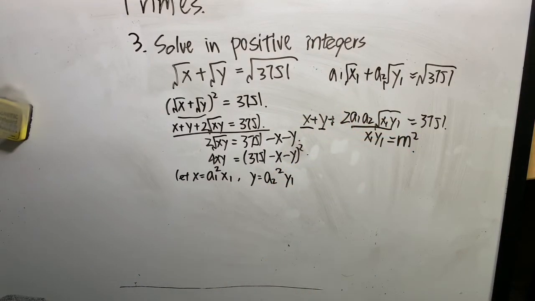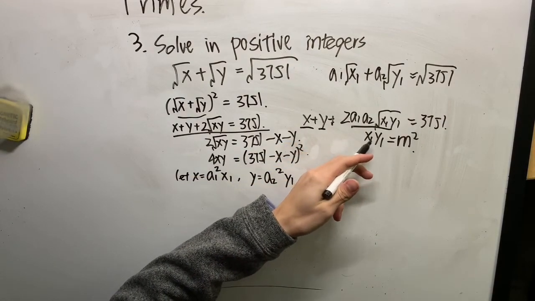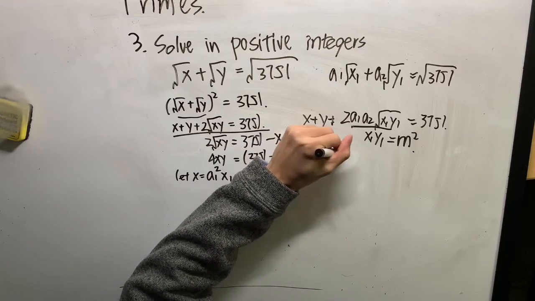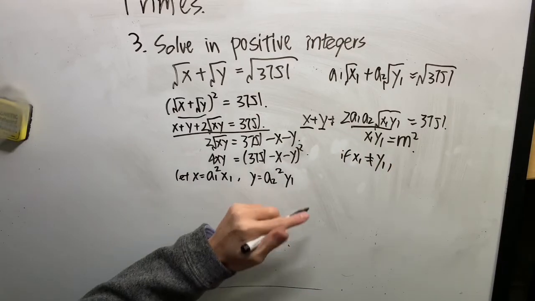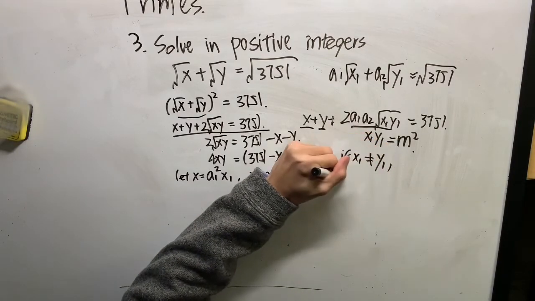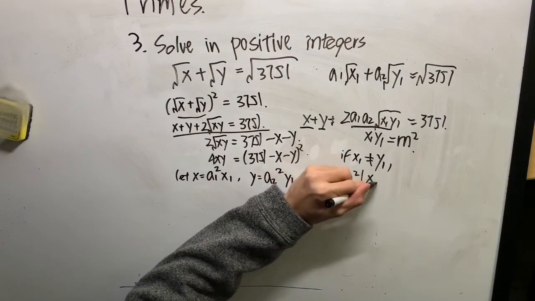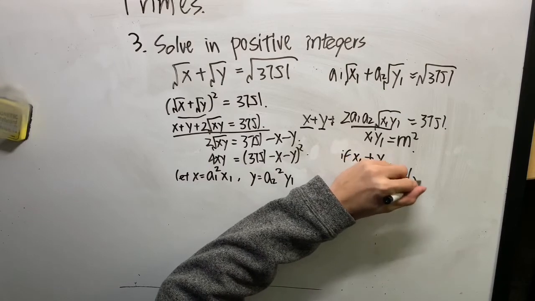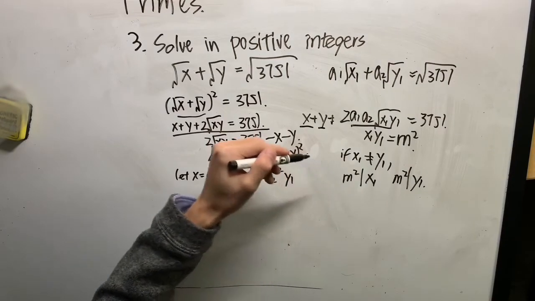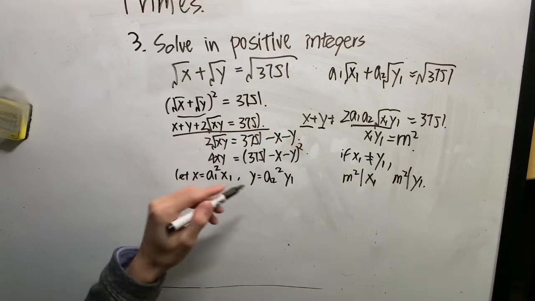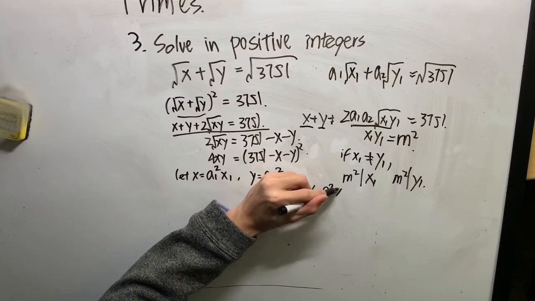So let's first suppose that x1 does not equal y1. Then it follows that some m squared must divide x1, or m squared must divide y1. However, we know that we made x the form a squared times x1.